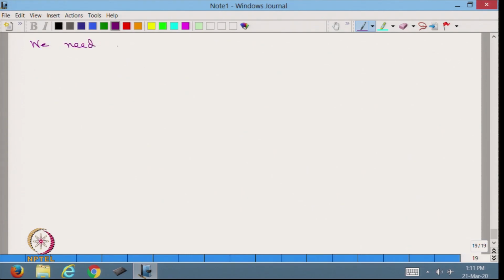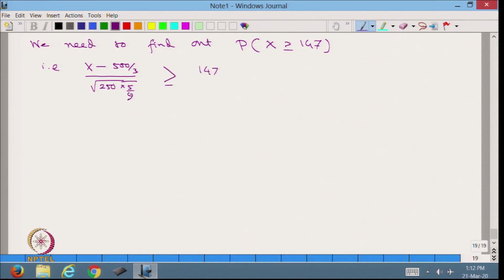We need to find out the probability X greater than or equal to 147, that is (X minus 500 by 3) upon root over (250 into 5 by 9) greater than or equal to (147 minus 500 by 3) upon root over (250 into 5 upon 9).